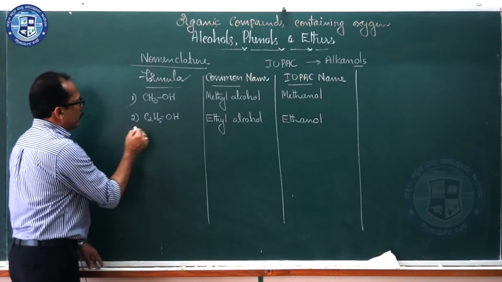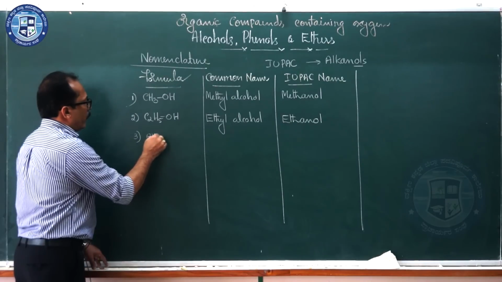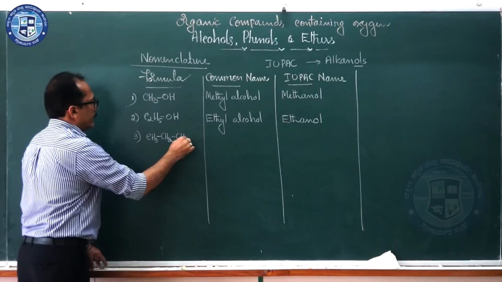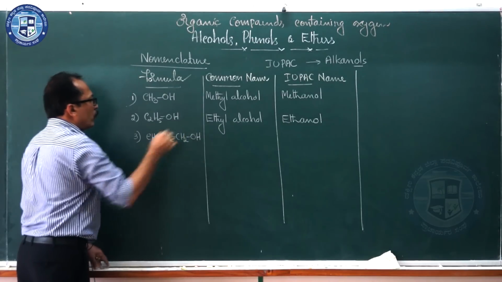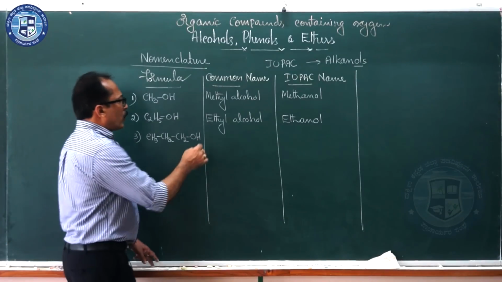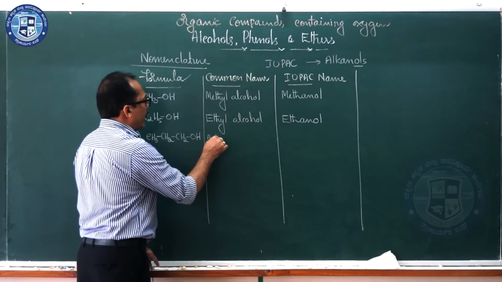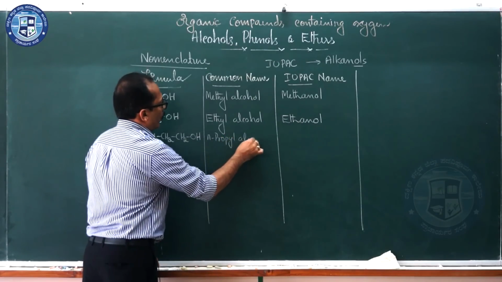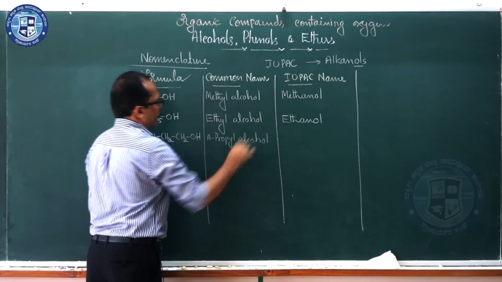Same third compound. Now I'll write it like this: CH3, CH2, CH2OH. It's called N-propyl alcohol or propyl alcohol.